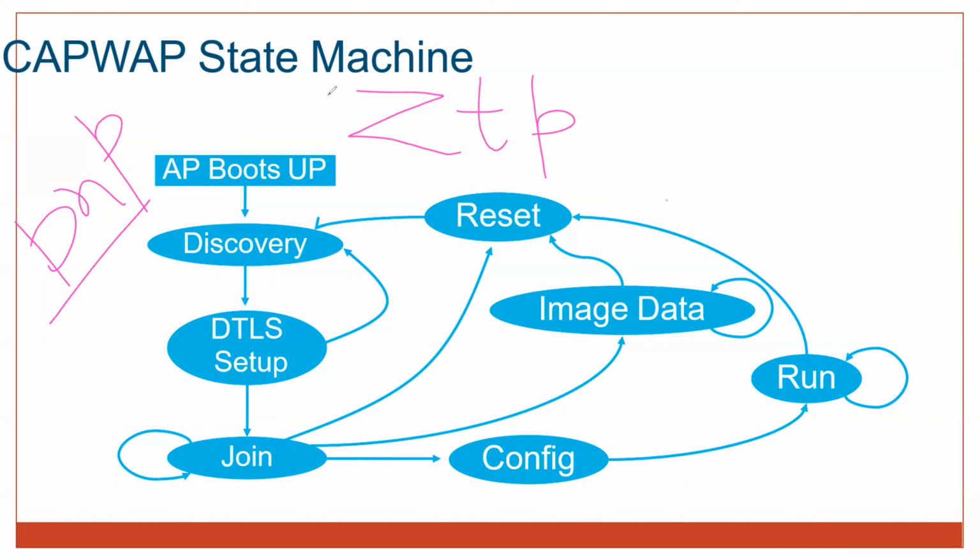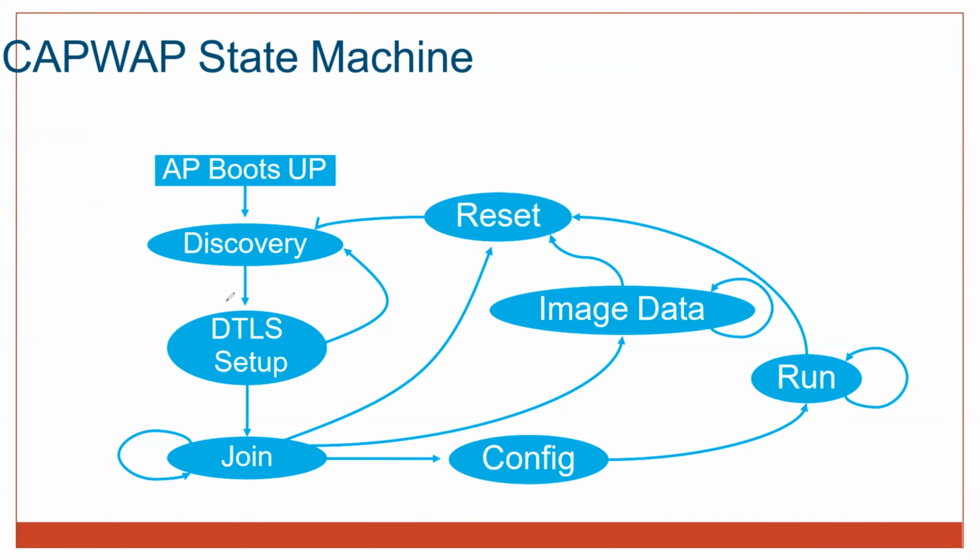So here also you will see it's 100% the same thing. This is a ZTP process: once you boot up, think of this as a switch. Once you boot up the switch, it will start discovering the management plane, the controllers, vSmart, the vBonds. They will start discovering the controllers. Once they discover the controller, they will also form the DTLS connection.